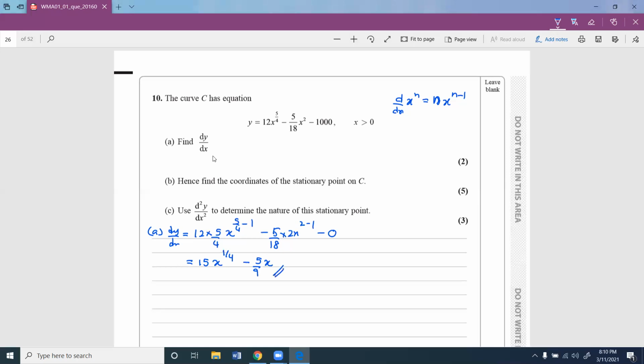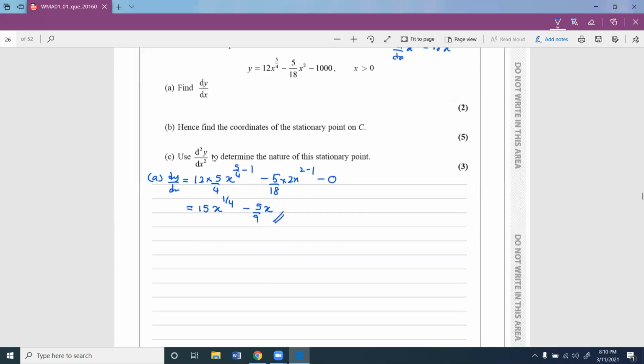Then what they want is: hence find the coordinates of the stationary point on C. If you're talking about a stationary point, turning point, maximum, minimum, point of inflection, all of them, the basic condition is dy by dx is equal to 0.